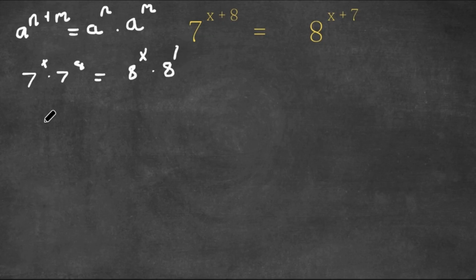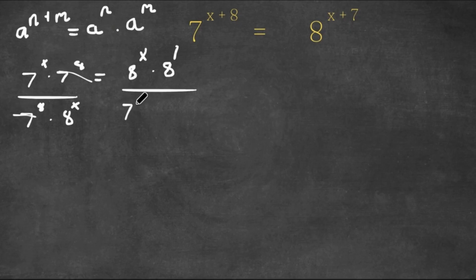Now I'm going to divide both sides by 7 to the power of 8 as well as 8 to the power of x. So these two would cancel out, and on this side, these two would cancel out.